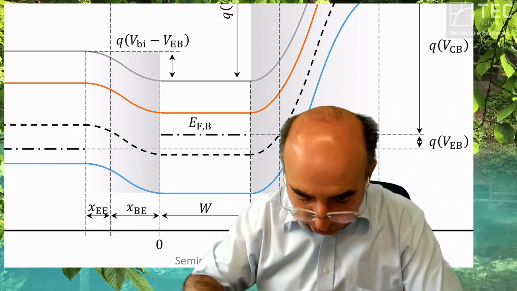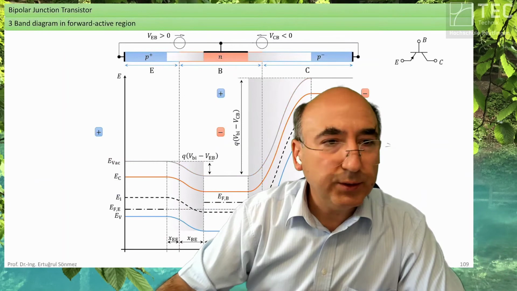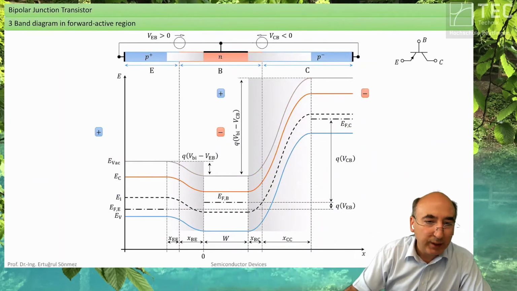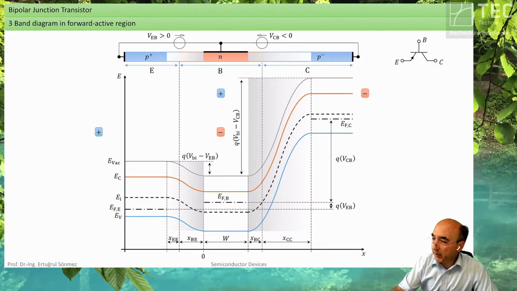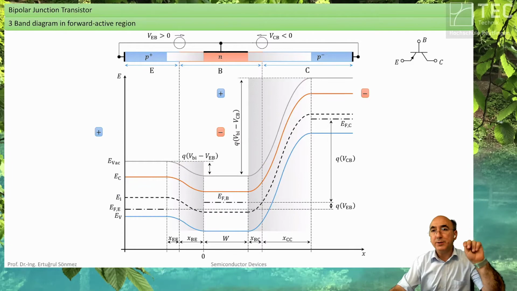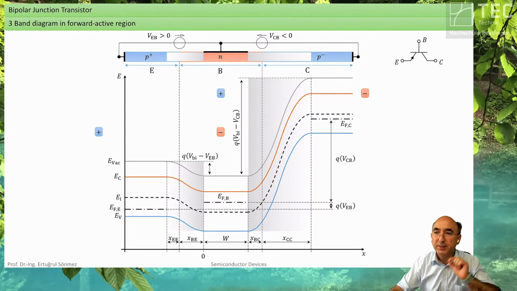Why do you call it neutral? Because your injected holes into the N-type are minorities. So the bipolar transistor is a minority carrier device, like the PN diode. These minorities are accumulated here and diffuse through the base.